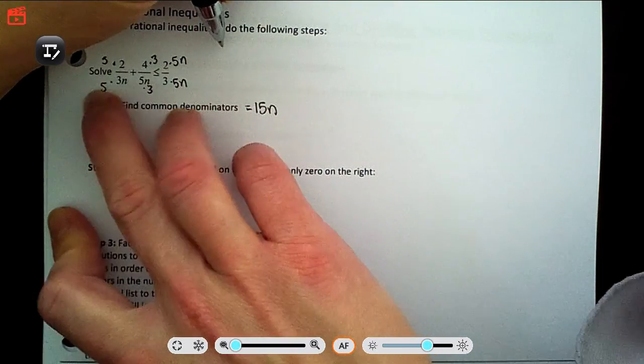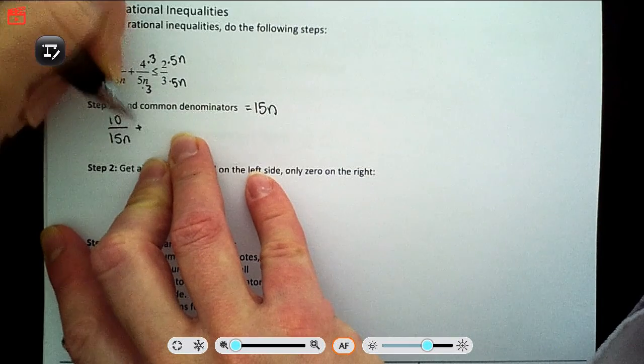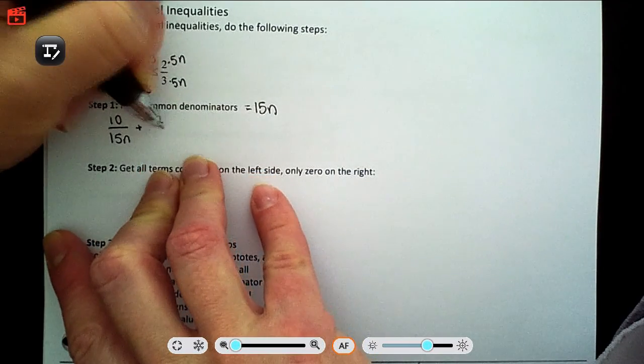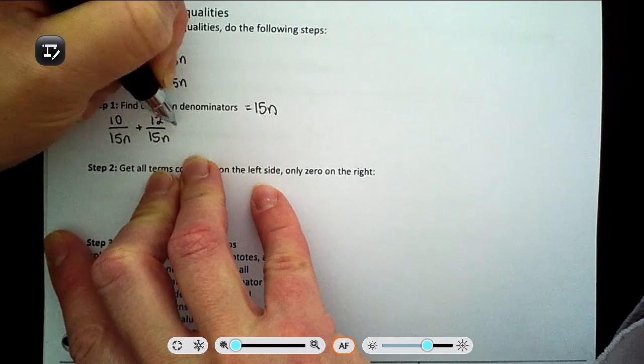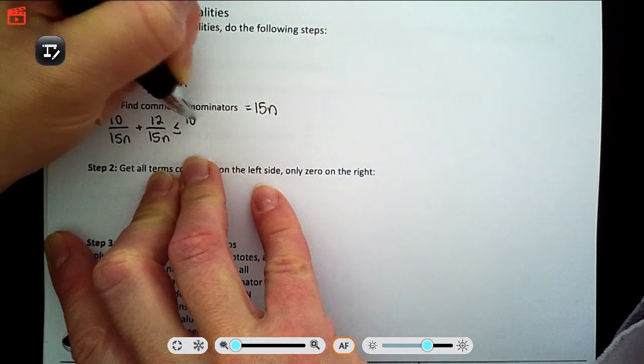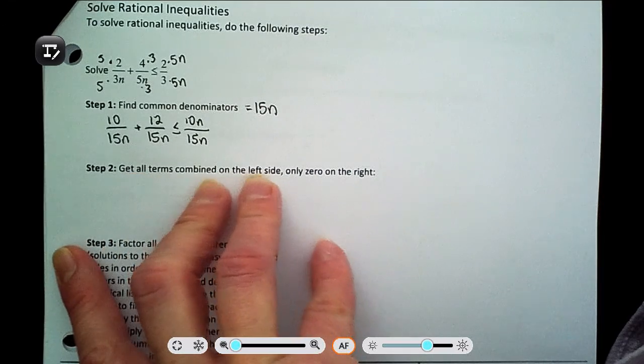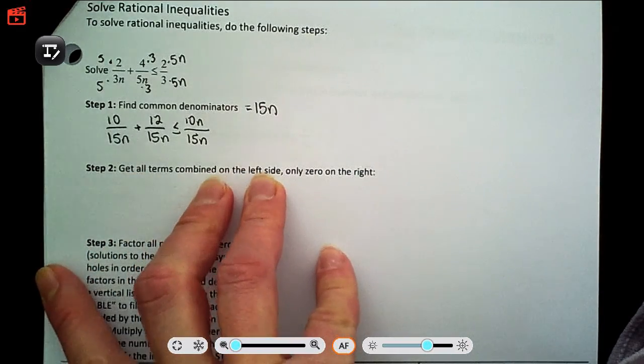So now I've got 5 times 2 is 10 over 15n, plus 4 times 3 is 12 over 15n, is less than or equal to 2 times 5 is 10n over 15n. Okay, next thing I want to do is get all the terms combined and to the left-hand side.